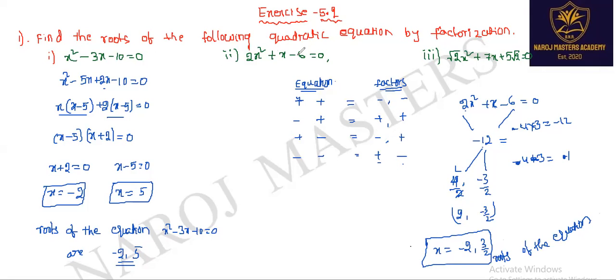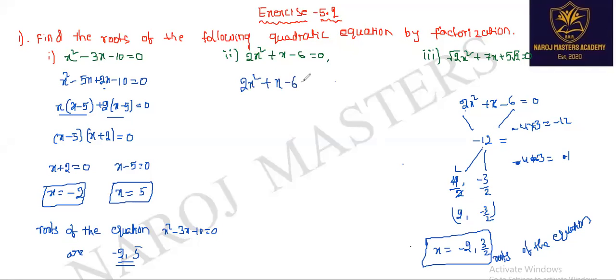Okay. Now look at this by the simple factorization method. So this is 2x square plus x minus 6 equal to 0. And then 2x square plus 4x minus 3x. So I am making this x equal to 4x and I am subtracting again minus 3x.